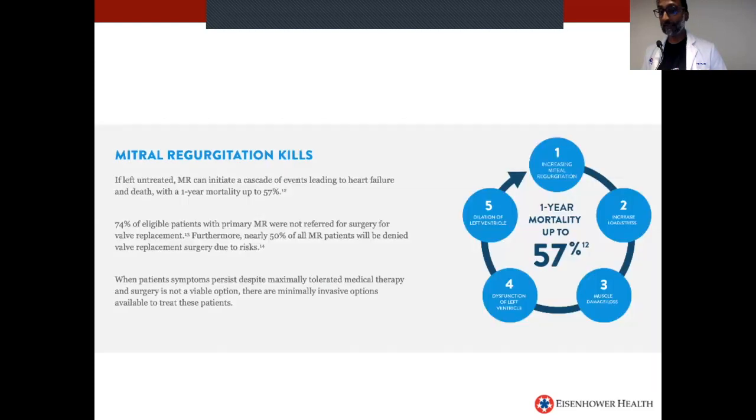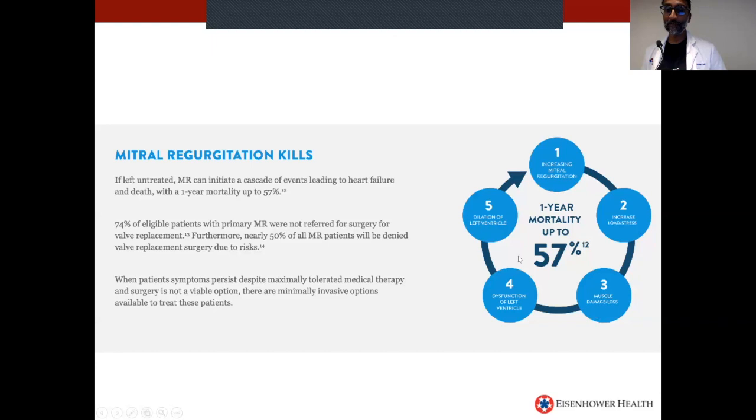Now, mitral valve regurgitation is deadly in a lot of ways. It's not acute. People don't usually drop dead from mitral valve regurgitation, but as you can imagine, if the heart's not able to pump efficiently, you start with the mitral valve regurgitation, which then causes increased load, or increased fluid to be retained in the heart. As that fluid stays in the heart, the muscles of the heart start dilating, stretching, and becoming damaged.